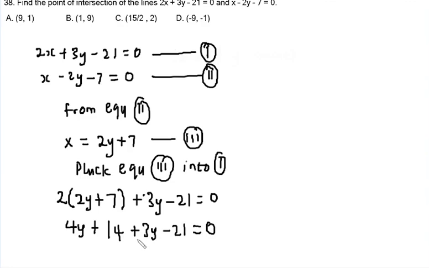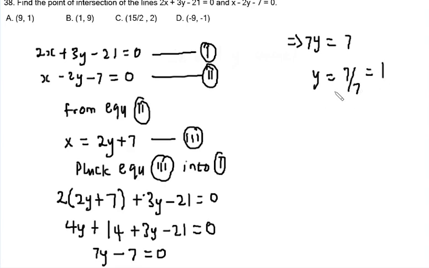Okay, so adding all your values of y, you have 4y plus 3y is 7y, and then plus 14 minus 21 is minus 7 equals 0. So this implies that 7y is equal to 7, moving 7 to the other side. So y is equal to 7 divided by 7, which is equal to 1.